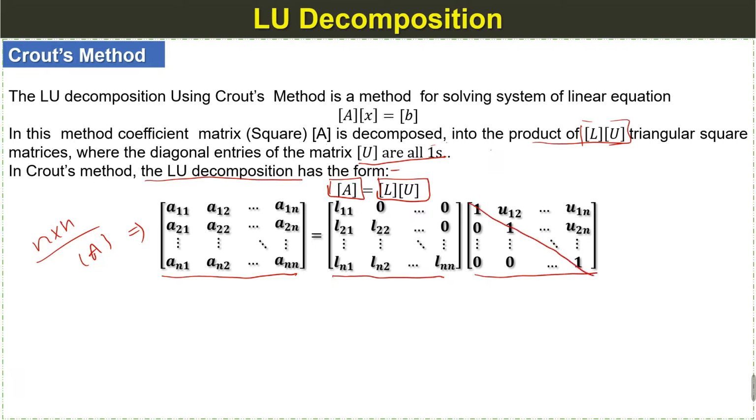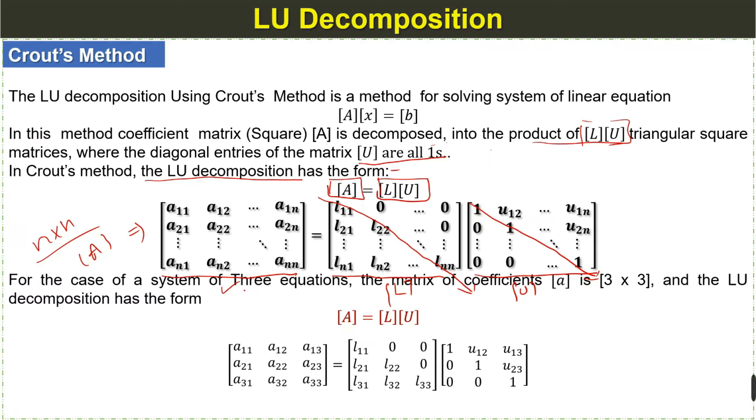Here we can see that all the diagonal entries of the upper triangular matrix in Crout's method are ones, whereas in the Doolittle method we have seen that all the diagonal entries of the lower triangular matrix were ones. This is the general form of the LU decomposition, in which we decompose the coefficient matrix into the lower triangular matrix and the upper triangular matrix, and the upper triangular matrix has all diagonal entries equal to one.